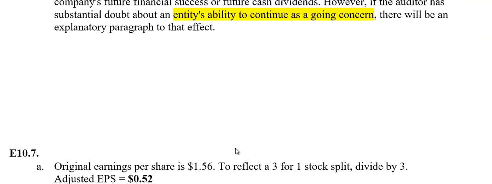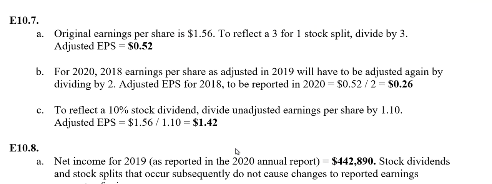Okay, so I want to go to 10.7, and what this does is it asks you whether or not you need to adjust earnings per share whenever you issue a stock split.